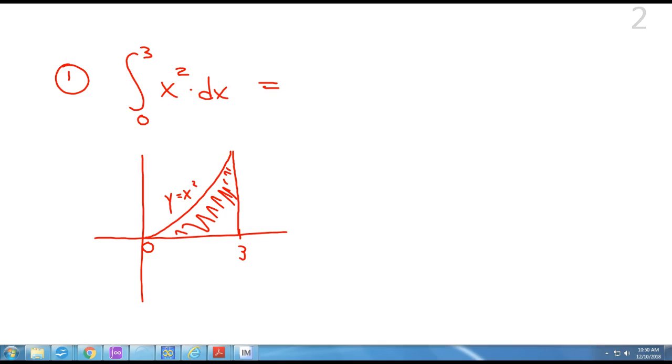If you imagine this were f prime, what would f be? So if you integrate x squared, what do you get? You get 1/3 x cubed, right? Add 1 to the power, multiply by the reciprocal of the power. From 0 to 3. You don't need the plus c in this kind. In the definite integrals, you don't need plus c. I'll show you why in a second.